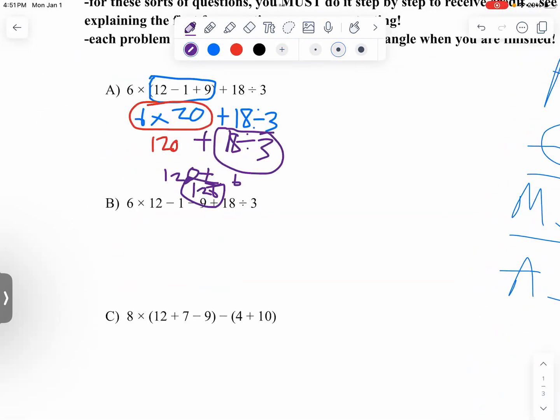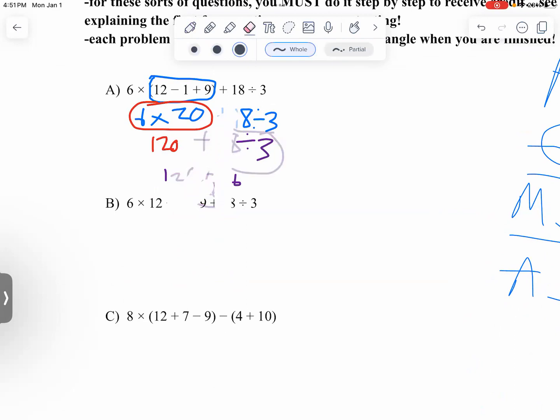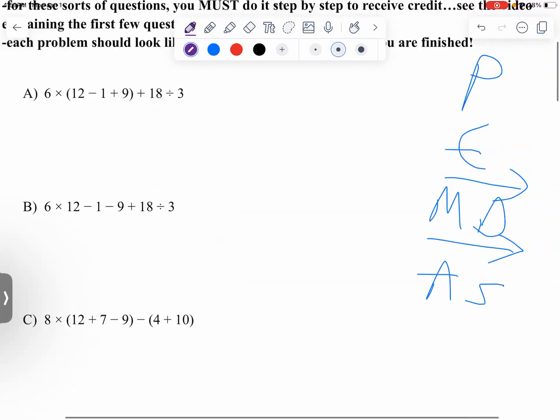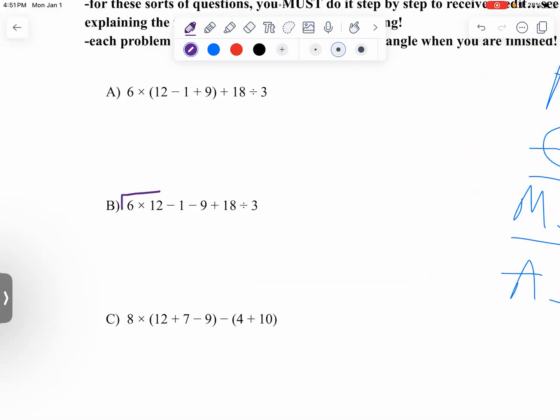All right, B. Let me erase these just so it's not all up on here. For B, we have 6 times 12 minus 1 minus 9 plus 18 divided by 3. Now, this is the same numbers. However, there are no parentheses. So what we need to notice here is our first step is not going to be parentheses or exponents, but rather multiplying. 6 times 12 is 72, minus 1 minus 9 plus 18 divided by 3. You just recopy the rest of the problem.